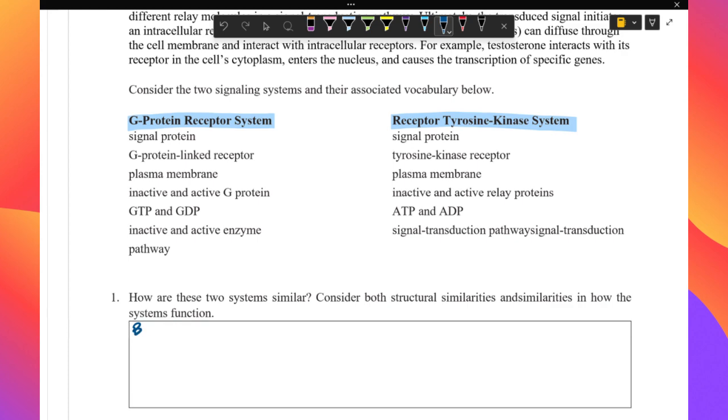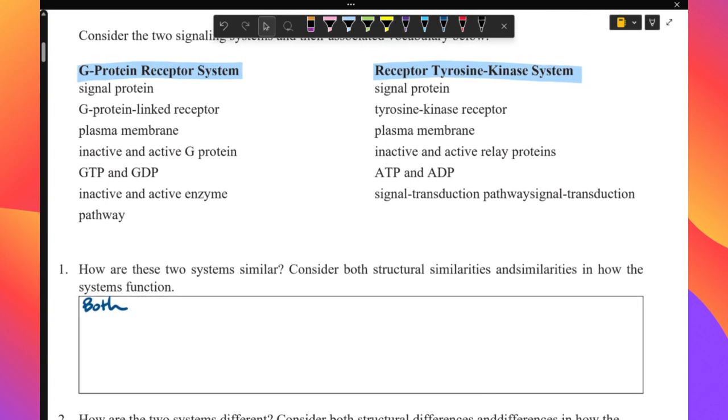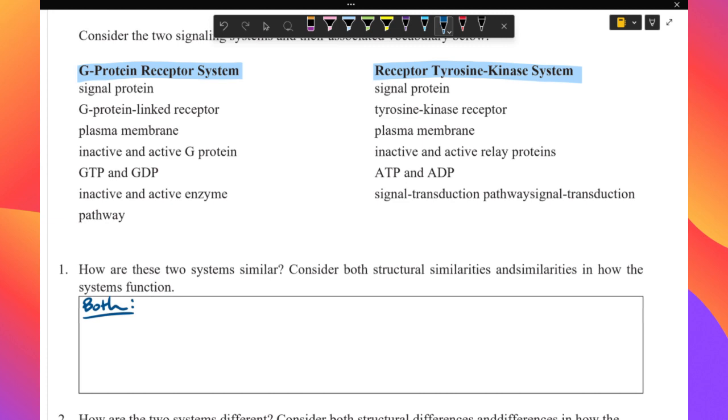Right, so in both systems, I'll make this as big as possible and keep my handwriting as tidy as possible for y'all. In both systems, the receptor proteins are bound in the cell membrane. Receptor is membrane bound.